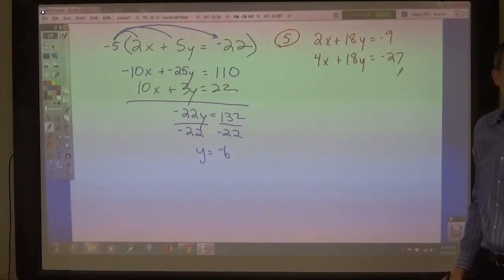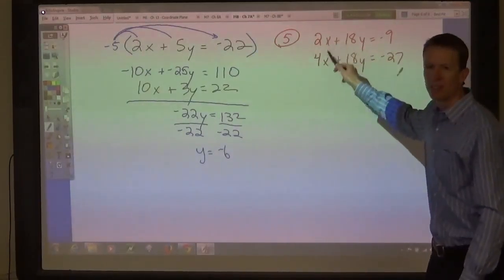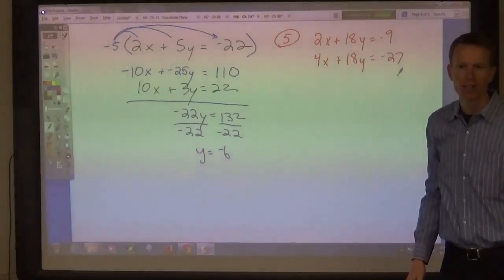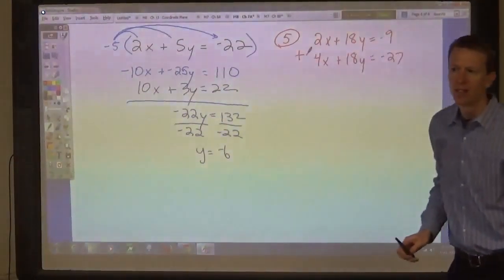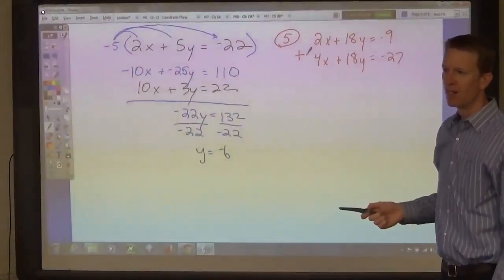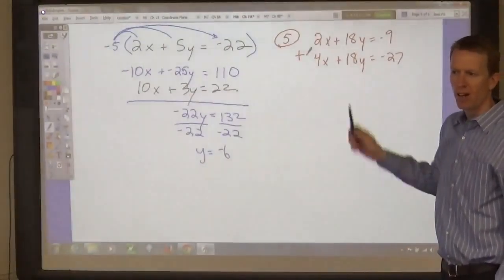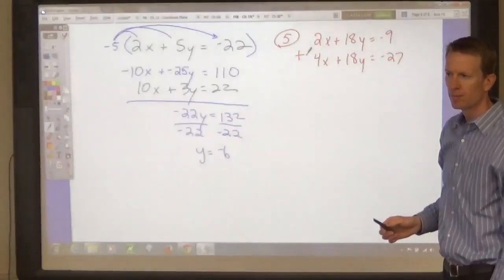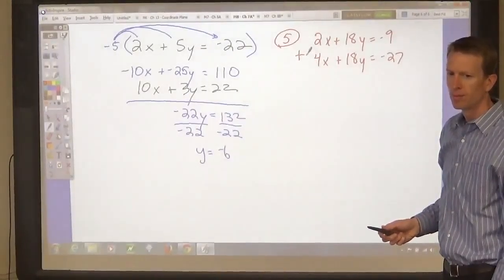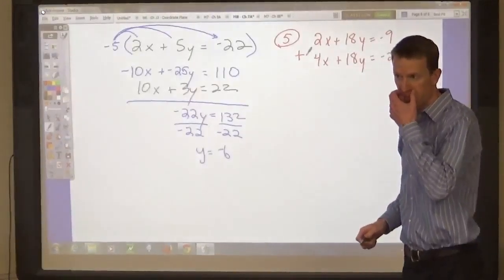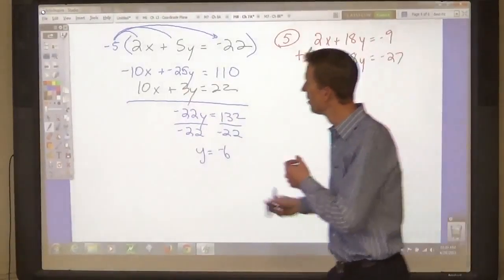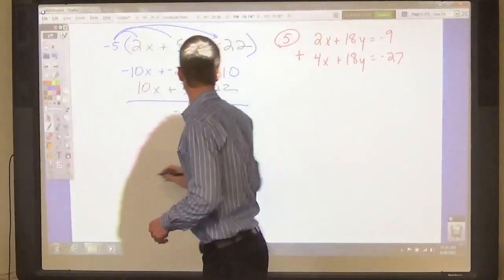Can we add these the way they are? No, because 18 is not negative. Listen, please. Can we add these the way they are? We have to do the multiply thing. So we have to multiply everything by what?